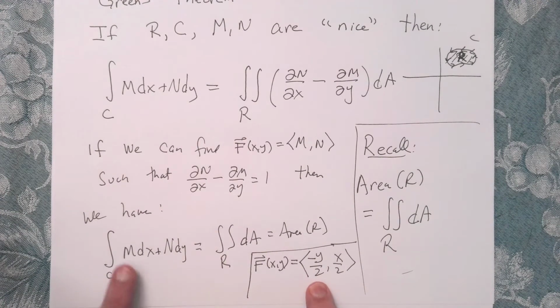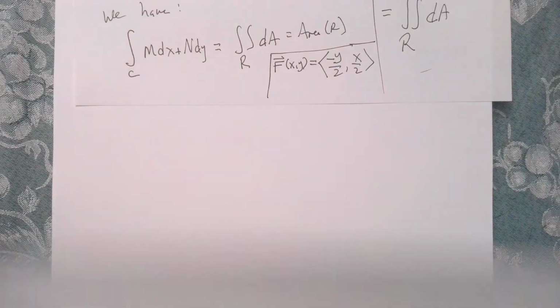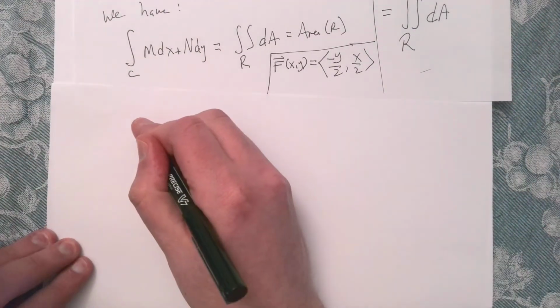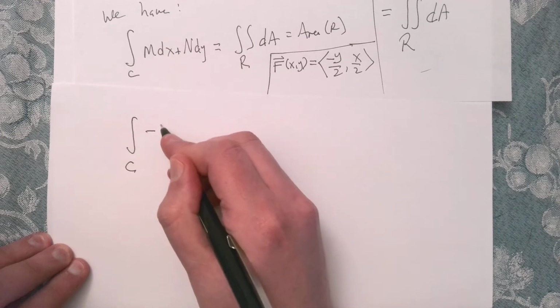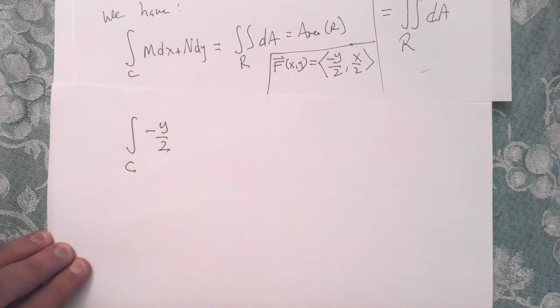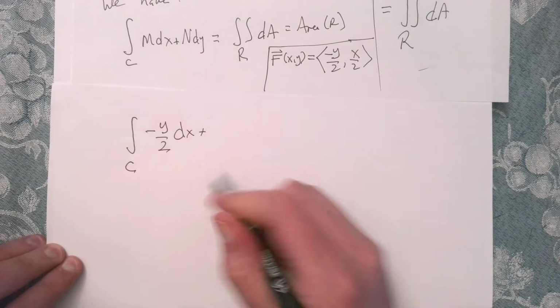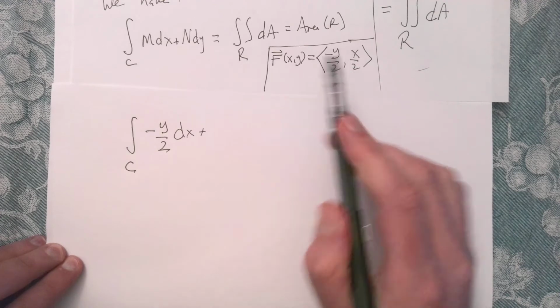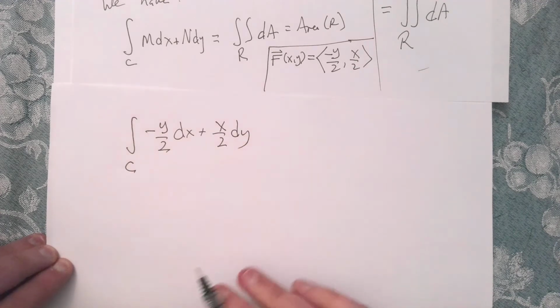Okay, so this is exactly my m, and this is exactly my n. So I have the following. I've got the line integral over C of m. We said this was the m we're looking for. And that'll be dx, of course, plus n. We said n was x over 2, dy.